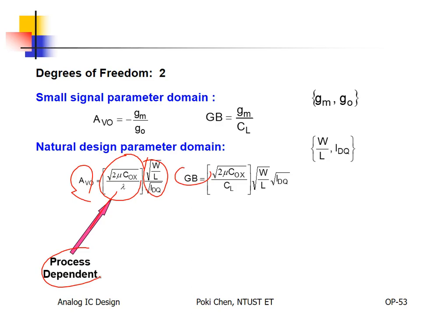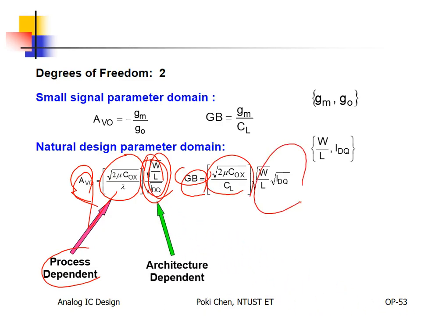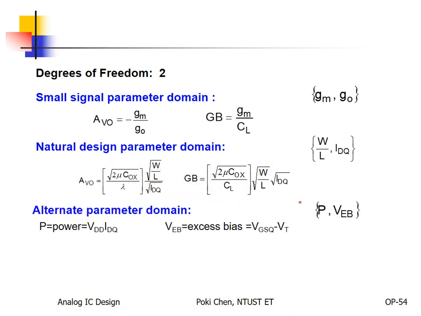As a designer, you can only decide the second term. Not only for DC gain, but also similarly for gain bandwidth product. This is process dependent, and that is design dependent, architecture dependent.